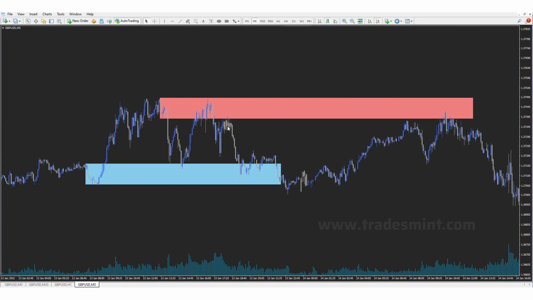The decreasing volume when price is sitting or hanging below the zone makes you feel safe, as there is a high chance that the zone will hold the price and we can really expect the rejection.